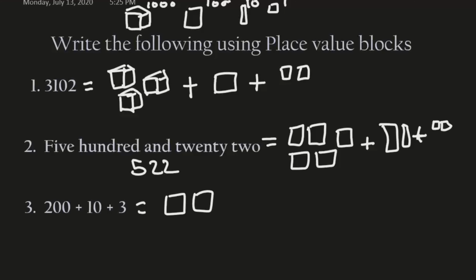And plus 10. So 1 tiny rectangle. And finally, plus 3. So plus 3 tiny squares. That's how you convert numbers into place value blocks.